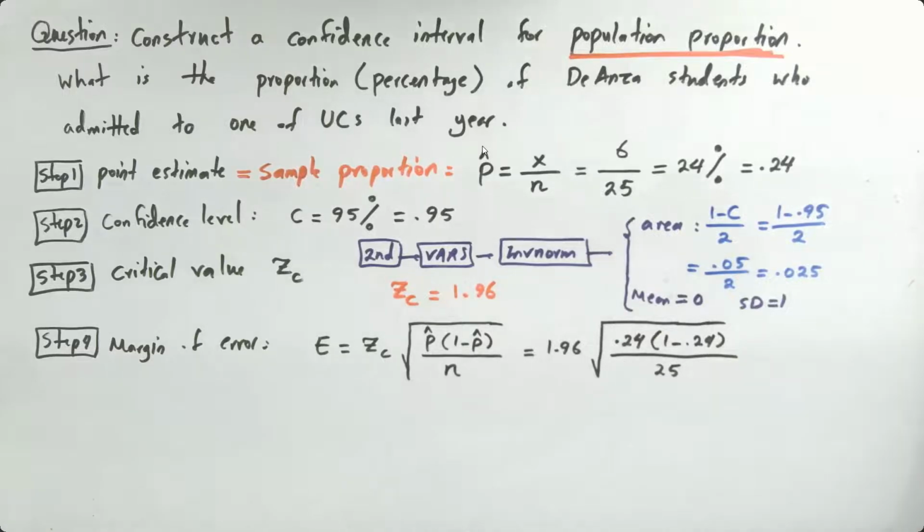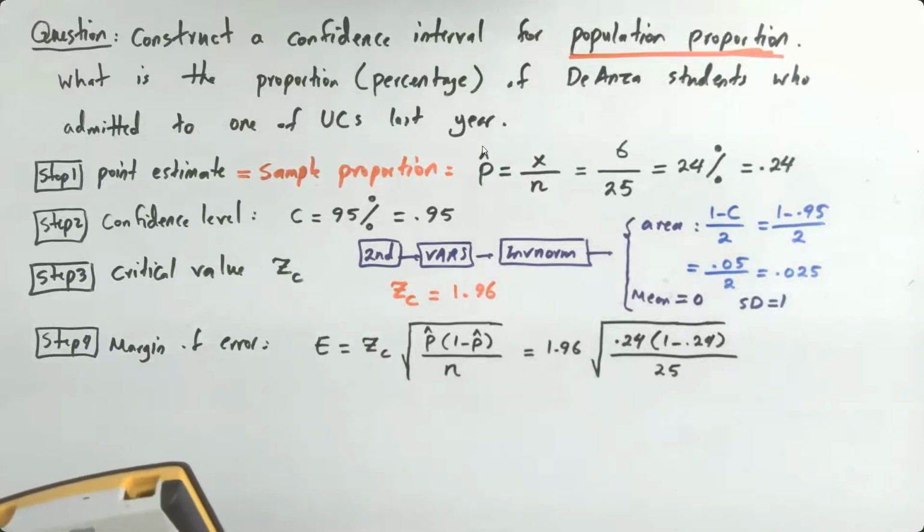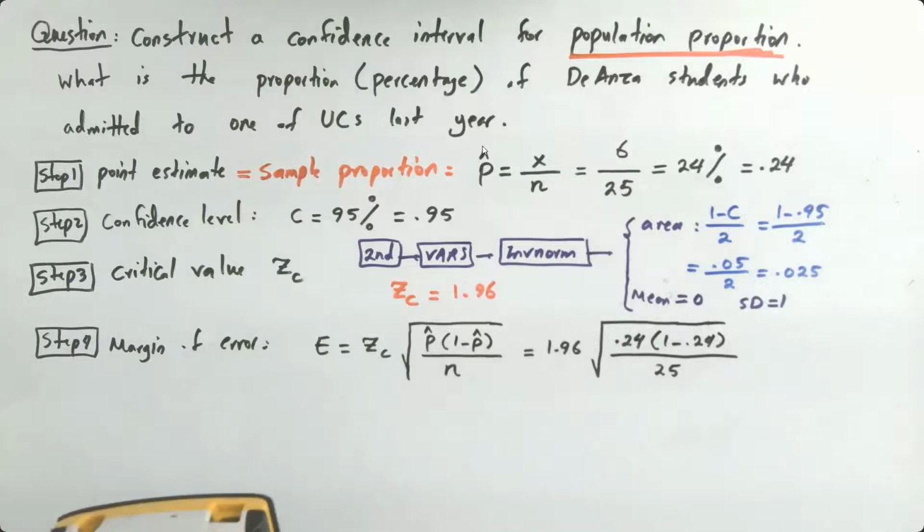What is this number? Very well. So I have, let's see, 1.96 times second square root of, now I'm going to use a lot of parentheses, 0.24, close parenthesis, open parenthesis, and I have 1 minus 0.24, let me close the parenthesis, and divide the whole thing by 25.